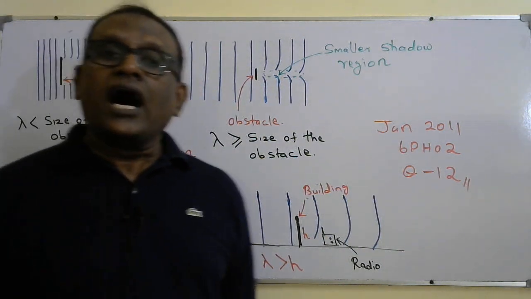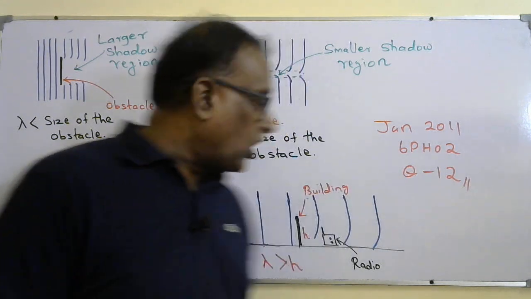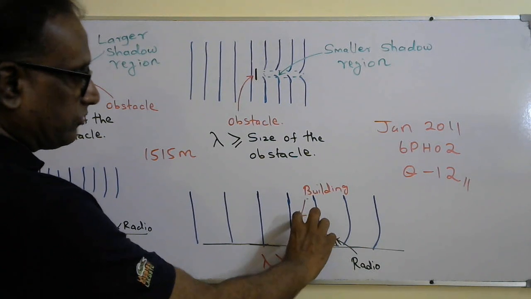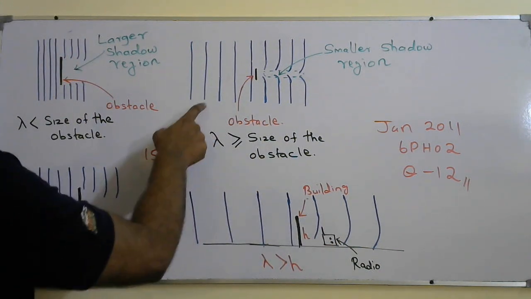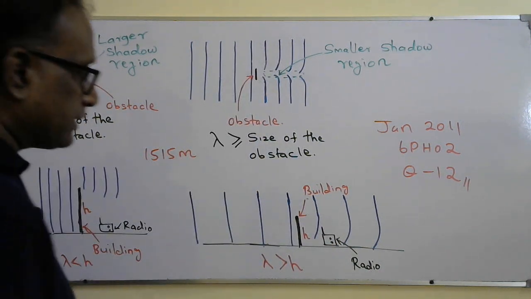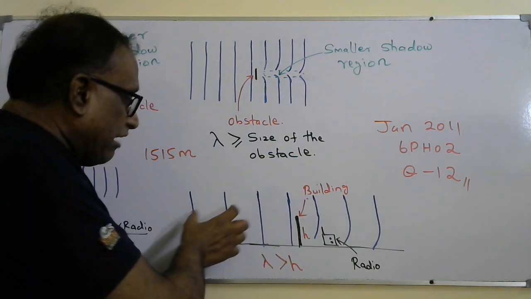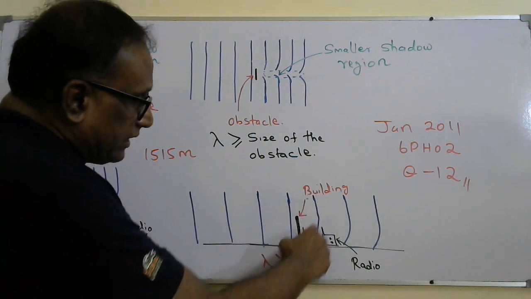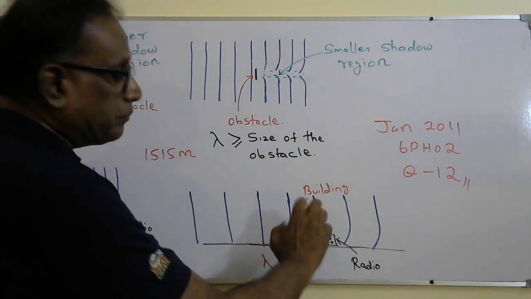Therefore, there will be larger diffraction around the buildings like this. Wavelength larger than the size of the obstacle; here the obstacle is the building. The wavelength is larger than the height of the building, so there will be larger diffraction around the building.